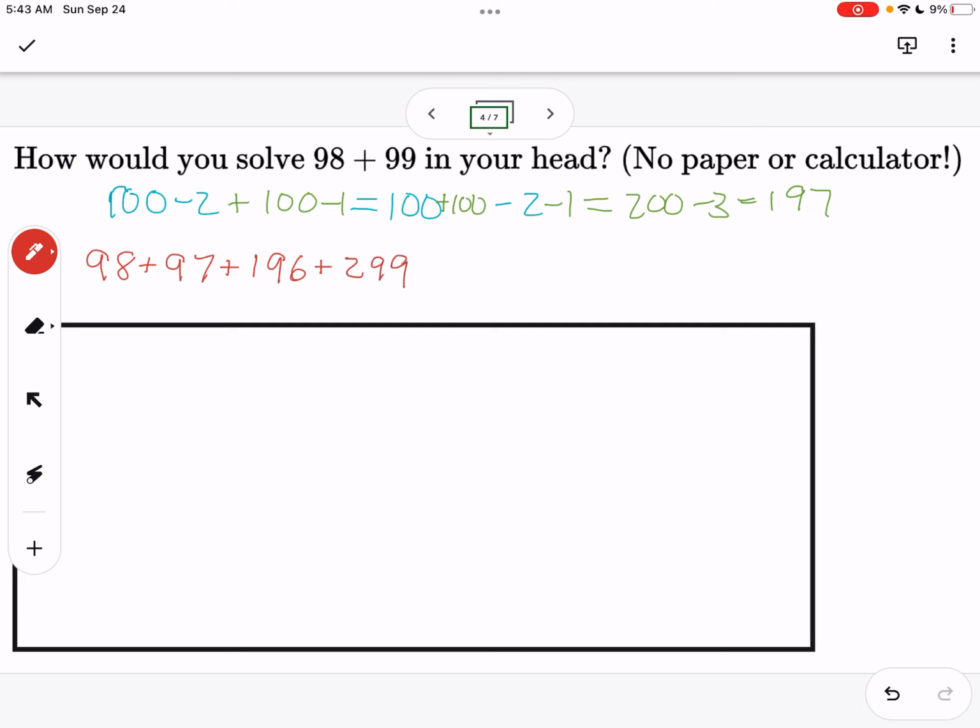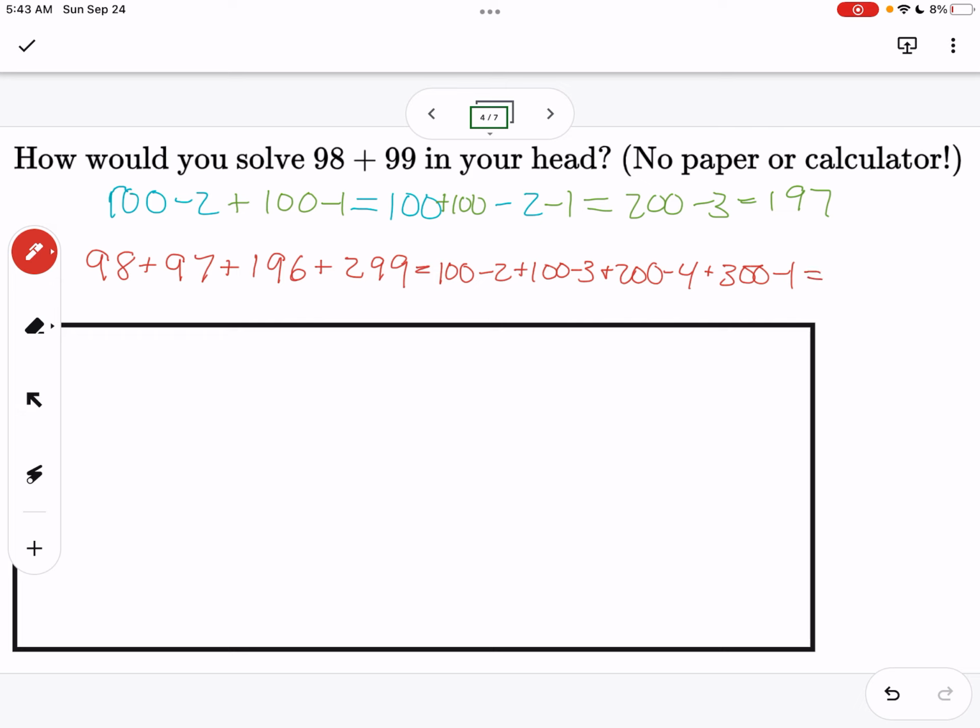If we need to add those four numbers, stacking them and keeping track of what goes in the ones column, the tens column, that's just a lot more work. But I can write this as 100 minus 2 plus 100 minus 3 plus 200 minus 4 plus 300 minus 1.